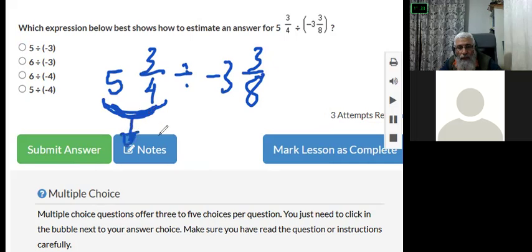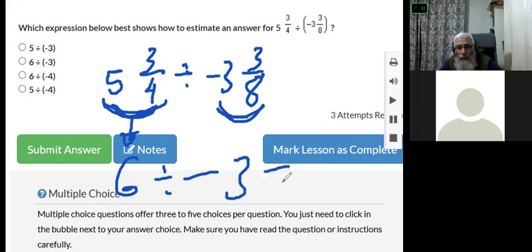This will be 6. And the other one would be 4? No, 3 over 4 is less than 1 half. So it would be 3 still. Negative 3. So it would be the second one.